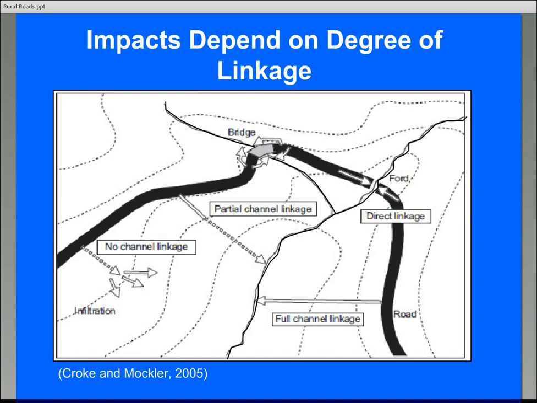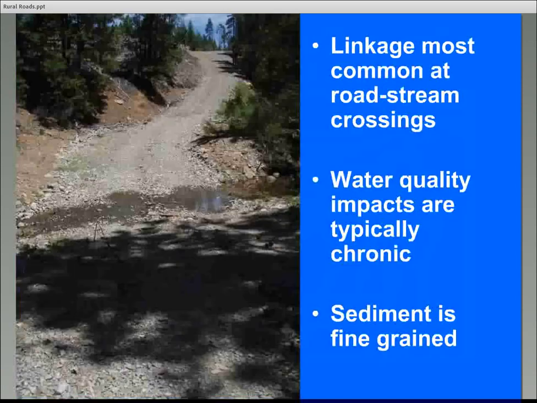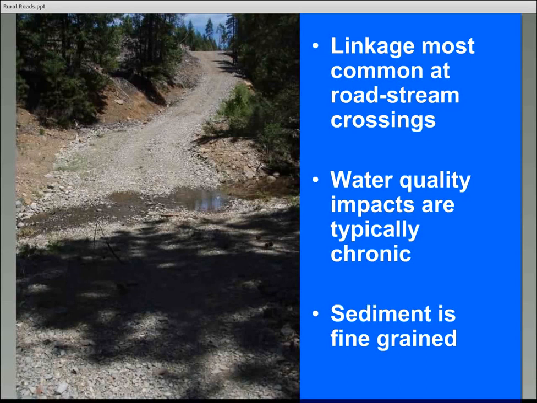Again, these impacts are highly dependent on the degree of linkage. It's hard to get too excited about the degree of erosion when it's up on a ridgetop and it will never reach a stream. But we need to really emphasize our mitigation measures on the places that are directly linked to the channel network.